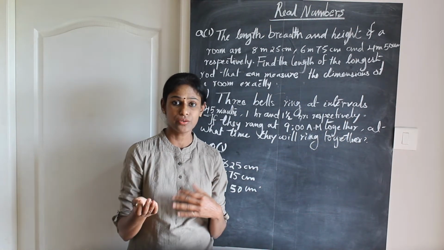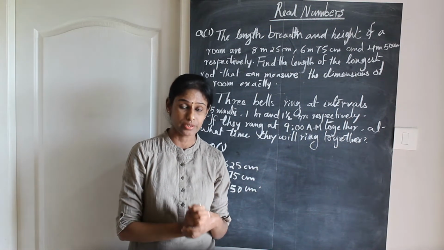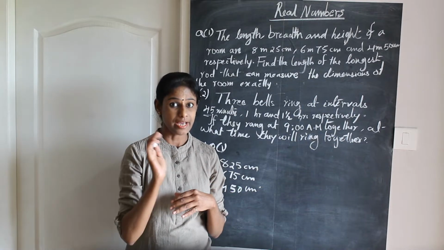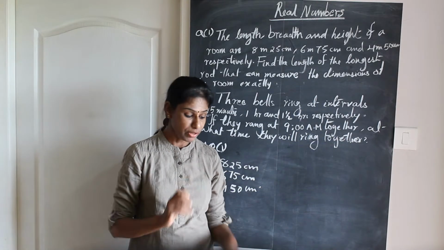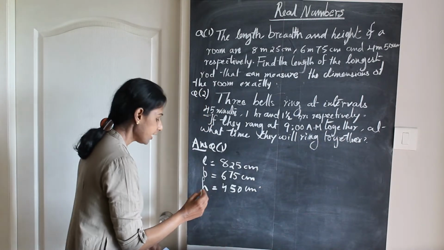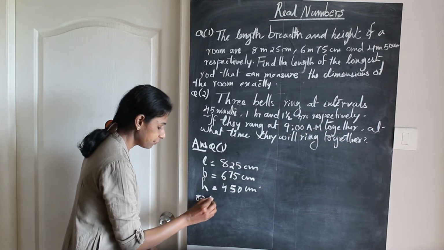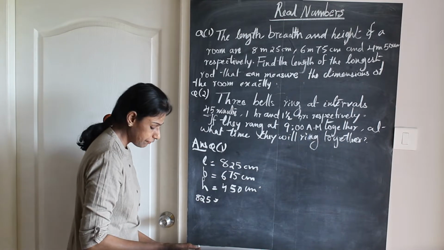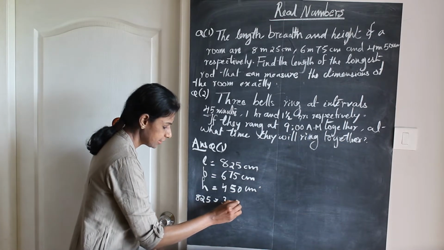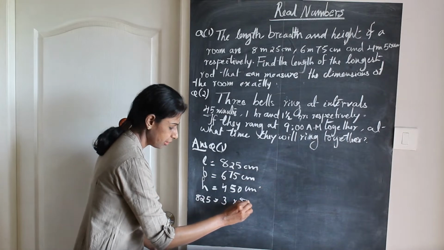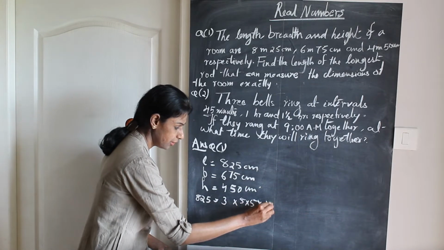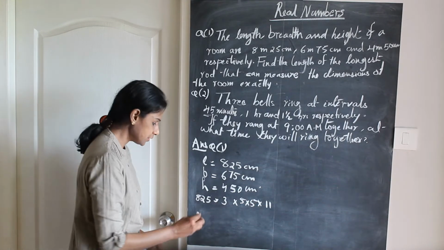You can either use Euclid's division algorithm or you can use the prime factorization method. Now when we factorize these numbers, 825, if you factorize, you will get the factors as 3 into 5 into 5 into 11. Prime factorization.